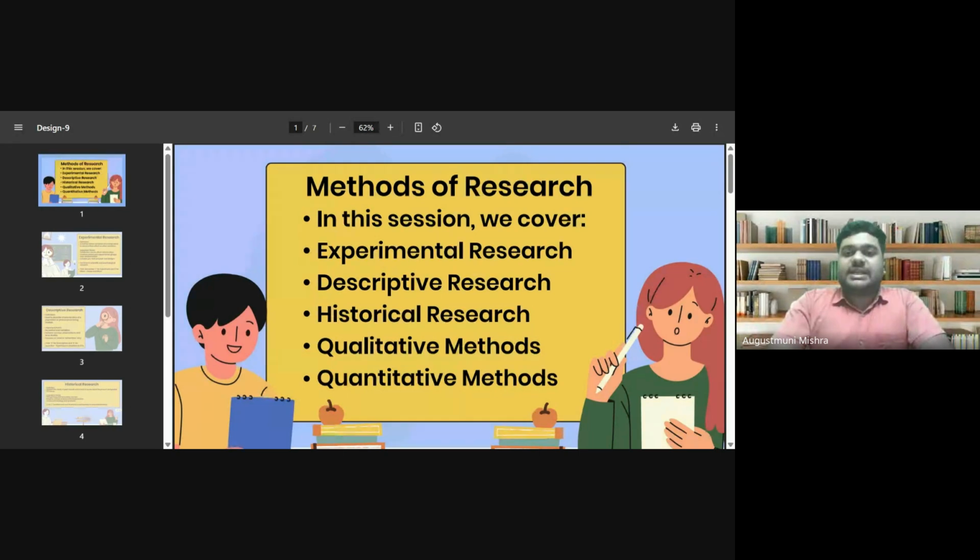So yesterday, when I was talking about that all, I talked about the classification of research on the basis of the different aspects of research.